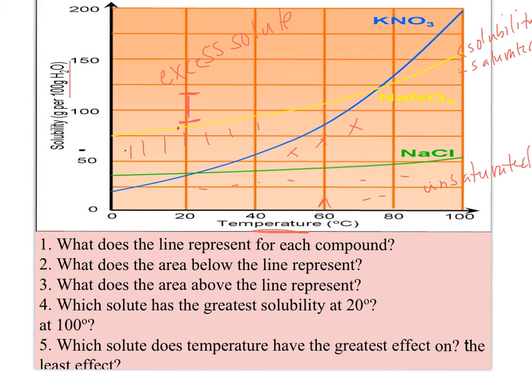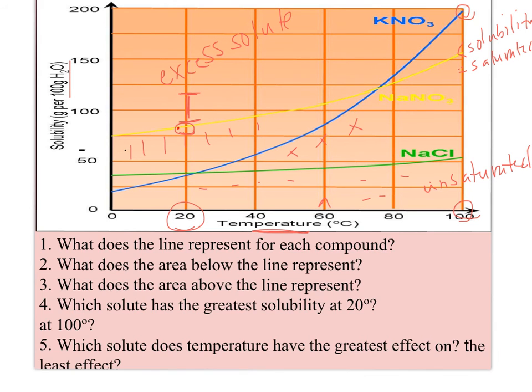Which solute has the greatest solubility at 20 degrees? Well, at 20 degrees here, the yellow line is the highest, so that would be NaNO3. At 100 degrees, though, now the blue line has taken over with the greatest solubility. And finally, which solute does temperature have the greatest effect on?